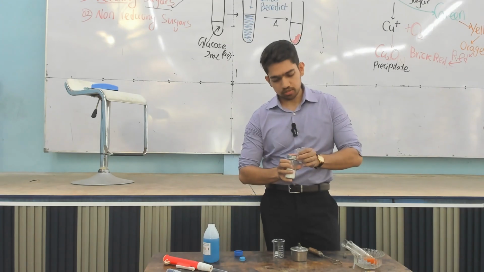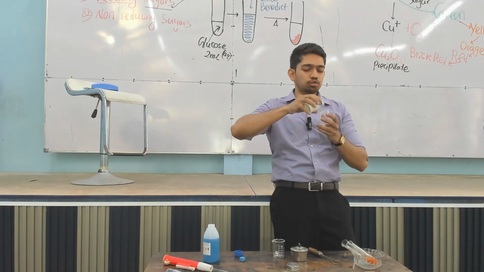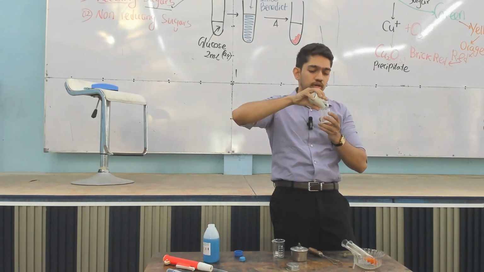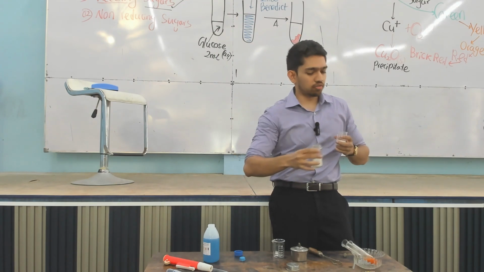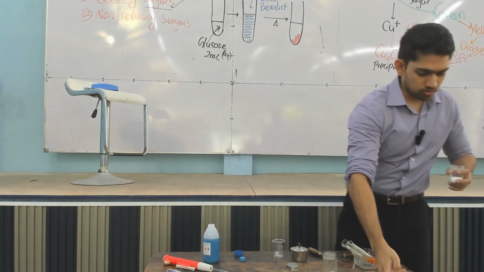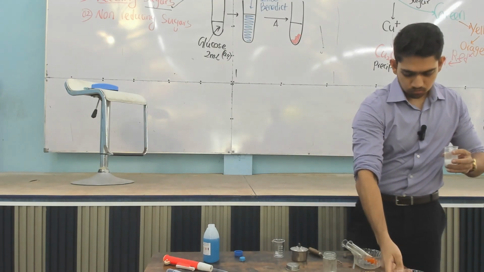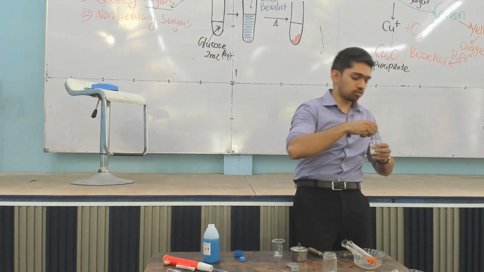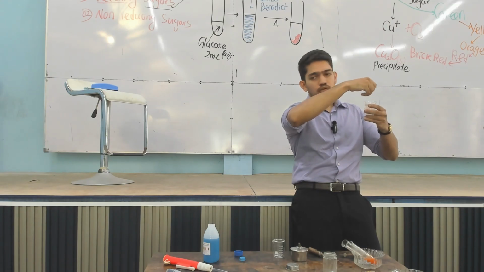You take some normal white sugar, because it's been refined. Brown sugar has other organic substances from the sugarcane plant, which is why it tastes different, because it's not been refined. White sugar is basically all sucrose. So you make a sucrose solution.